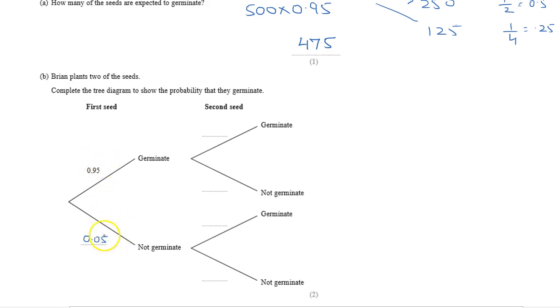The sum of these is supposed to be 0.95 plus 0.05 is equal to 1. Don't make a mistake by writing 5 here. Now the second seed, again the same: 0.95 for germination and 0.05 for not germination.